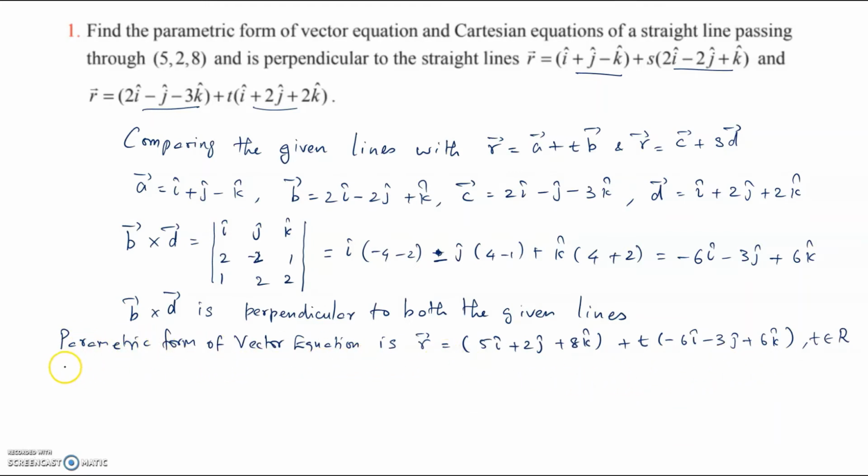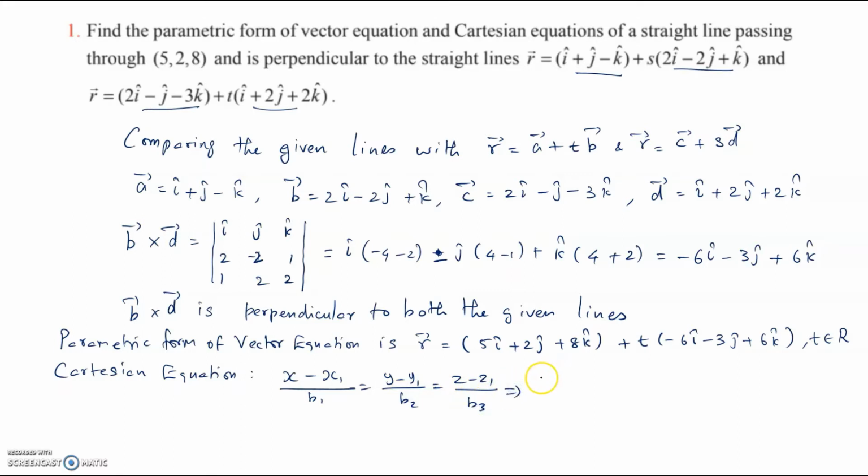Next, let's find the Cartesian equations. For this we need to express it as (x − x1)/b1 = (y − y1)/b2 = (z − z1)/b3.